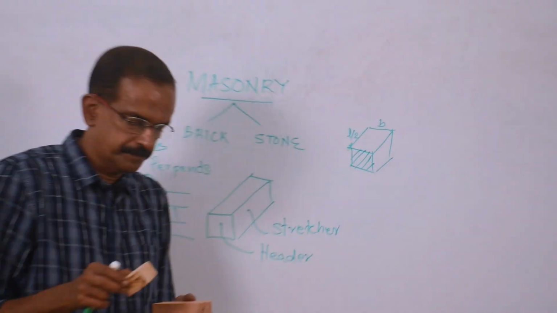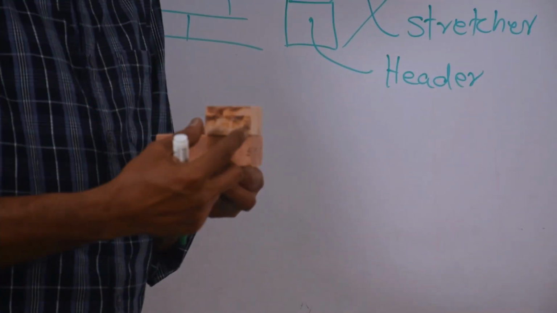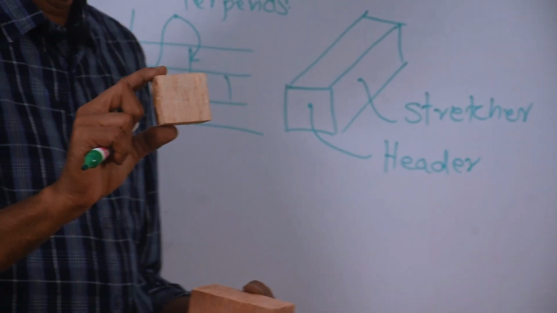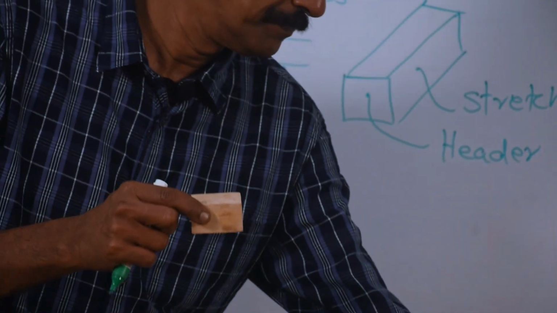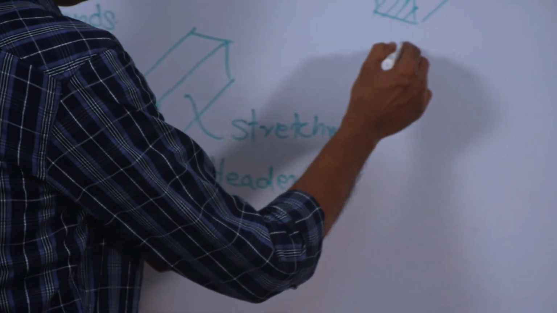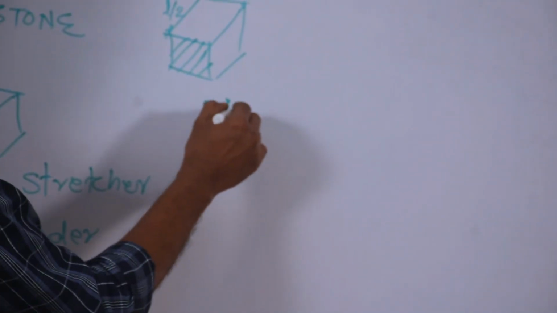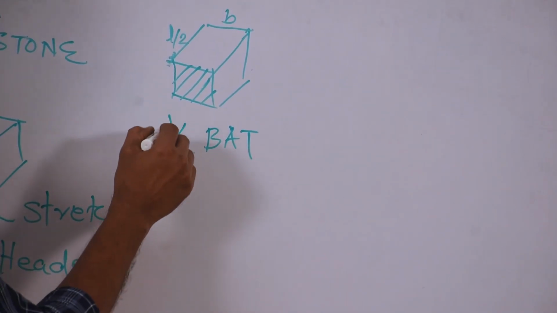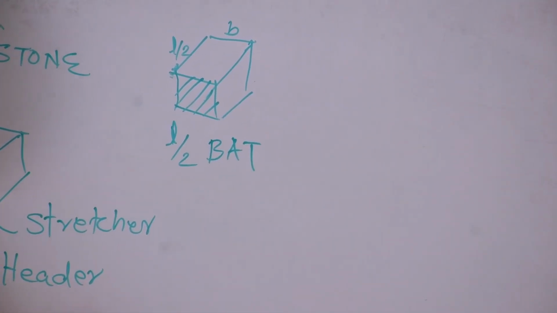You see this model? Half length and full width. Such a piece is called a bat. If the length is L by 2, it is called a half bat or L by 2 bat.